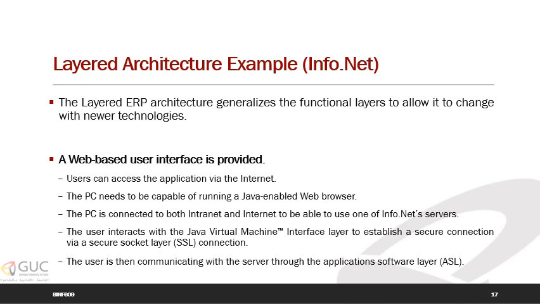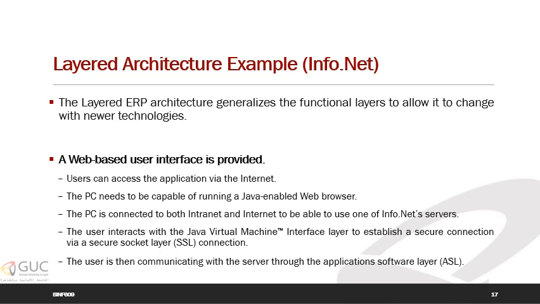An example of layered ERP architecture is the Infonet architecture. This type of architecture generalizes the functional layers to allow it to change with newer technologies and provides a web-based user interface in which the user can access the application through the internet using a PC.